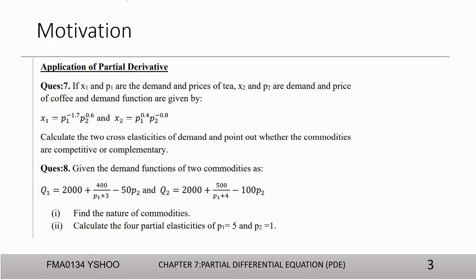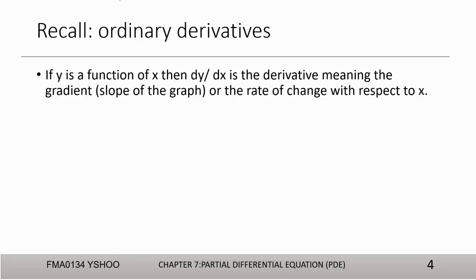For example, if x1 and p1 are the demand and price of tea, x2 and p2 are the demand and price of coffee, and the demand functions are given as below, calculate the elasticity of demand and so on. No need to worry, your question is not this complicated.